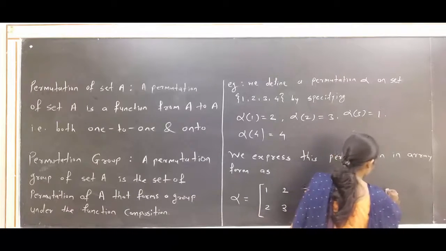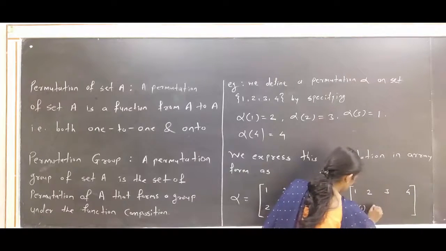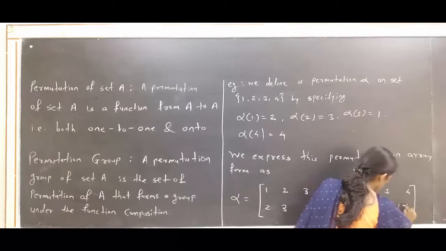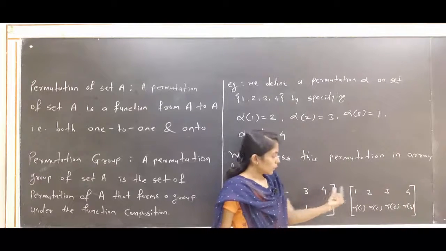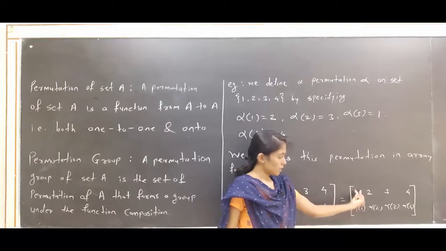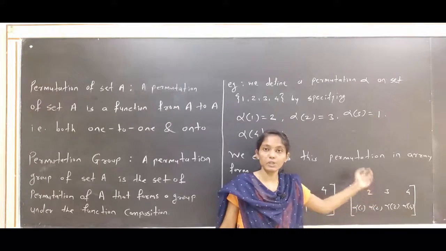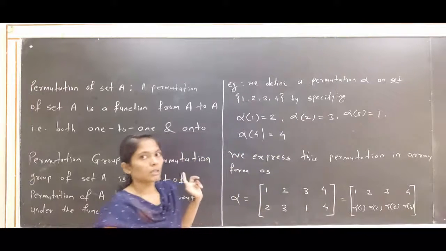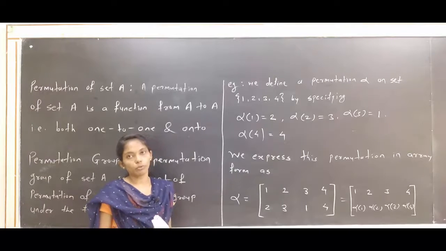So below entry j we write alpha of j for each j. Okay. So this is the permutation in array form.